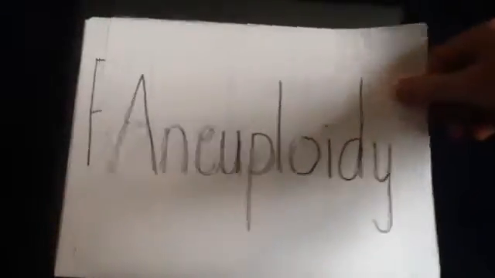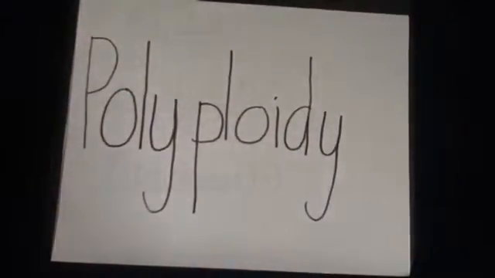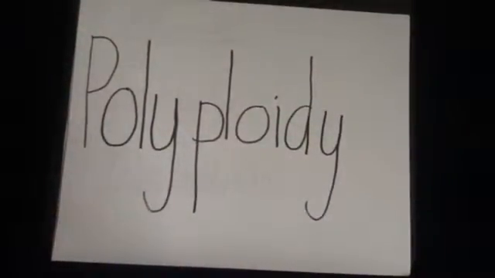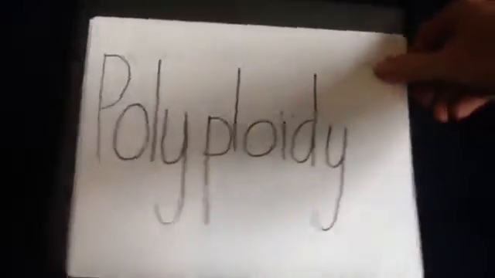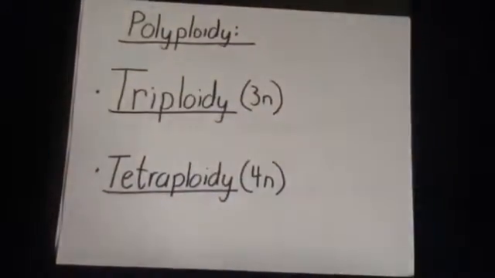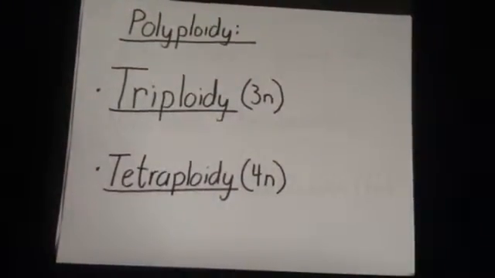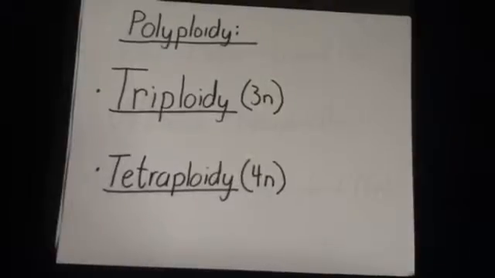Now, don't confuse aneuploidy with polyploidy. That is when some organisms have more than 2 complete chromosome sets in all somatic cells. More specifically, polyploidy includes triploidy and tetraploidy. Triploidy indicates 3 chromosomal sets, or 3N, and tetraploidy indicates 4 chromosomal sets, or 4N.